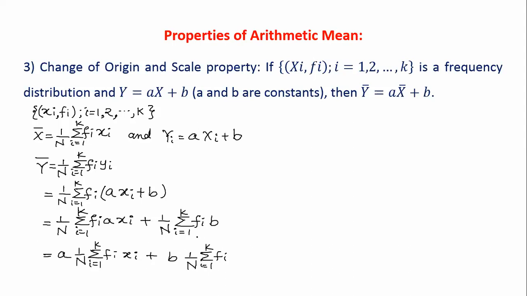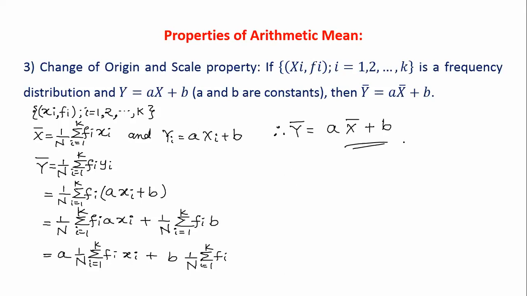B is also constant, and therefore we can say y bar is equal to a into, you can see that is the formula of x bar, plus b times summation fi. Sum of all the frequencies is the total number of observations, that is nothing but capital N. Capital N upon capital N is equal to 1, and so that is the proof.